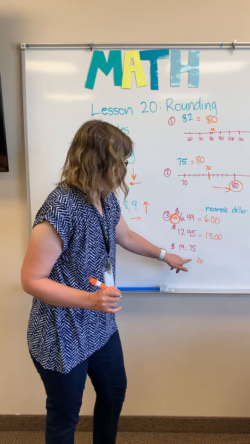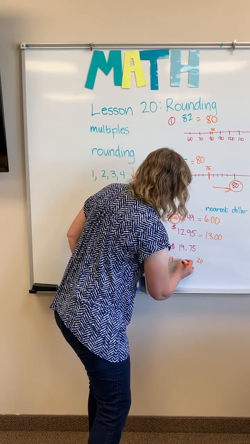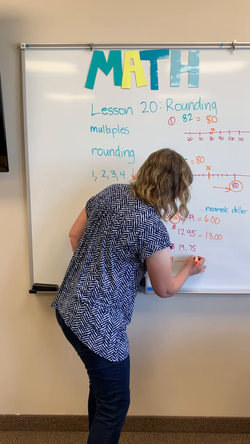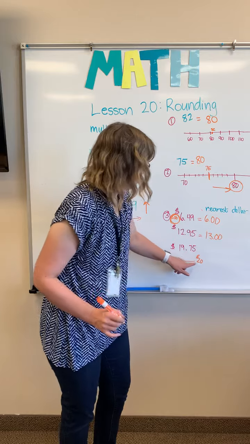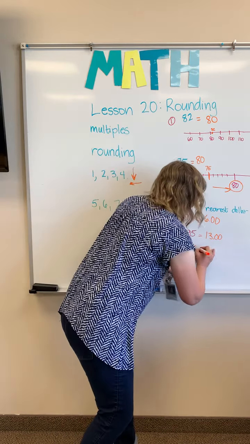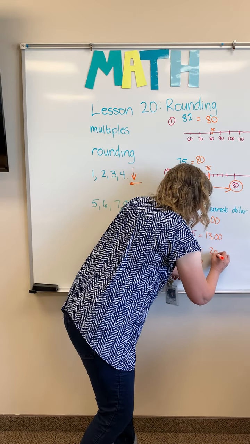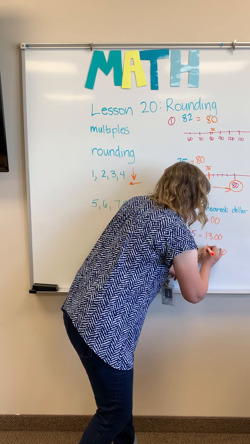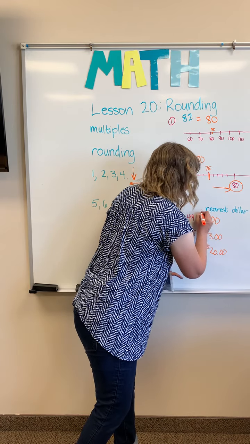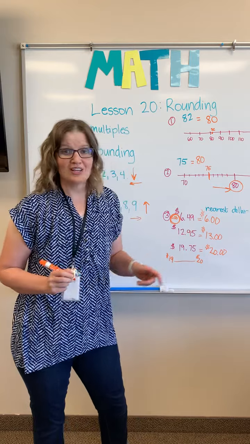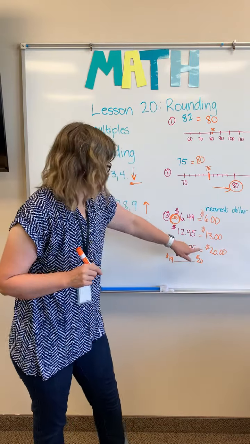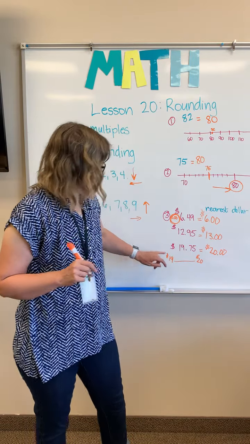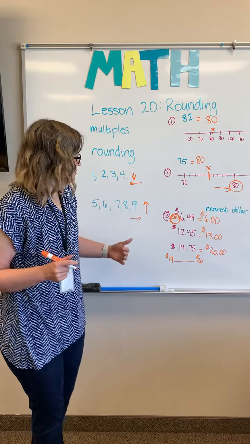And we know that if we were to look at this as money, it's closest to $20. And I forgot to put my little dollar sign, but I know you won't. You'll remember.